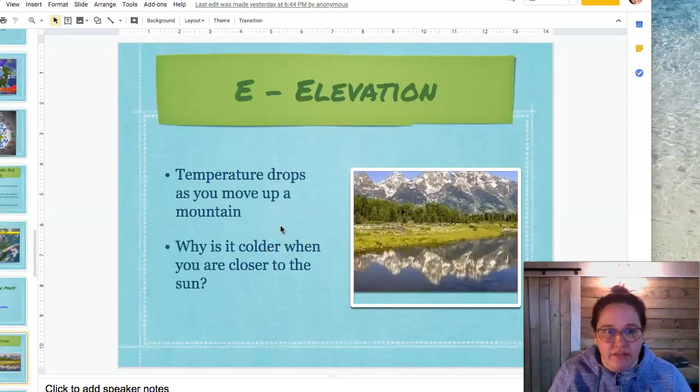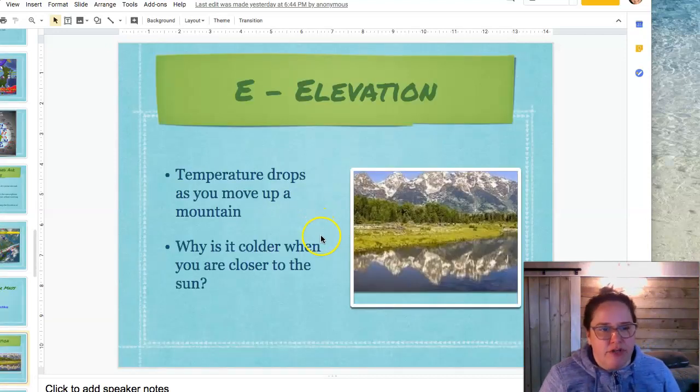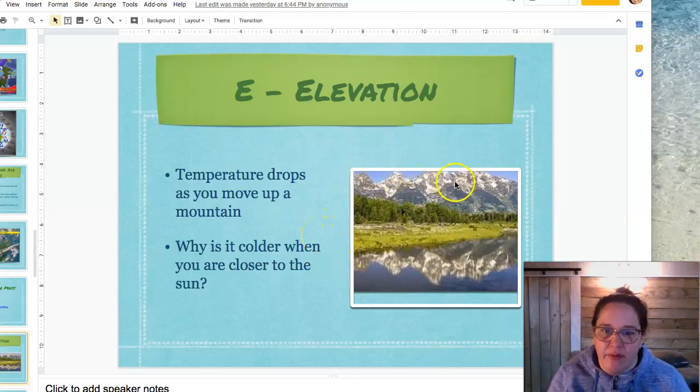All right, now elevation is really important as well. It basically is that the higher up on a mountain you go, the colder it gets. That's really all you need to know about elevation. The higher you go up in elevation, the air pressure changes. There's also less and less oxygen the higher you go up, and the effects of gravity are also harder the higher you go up.